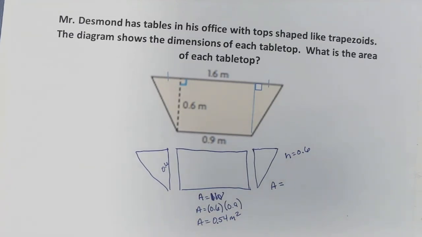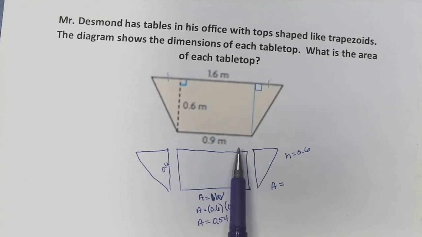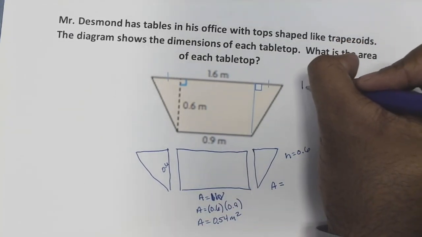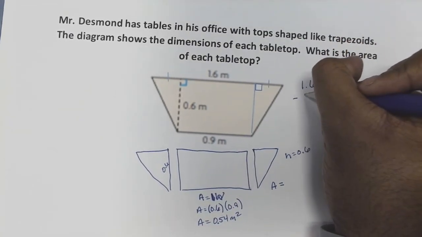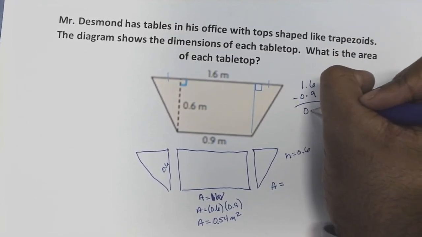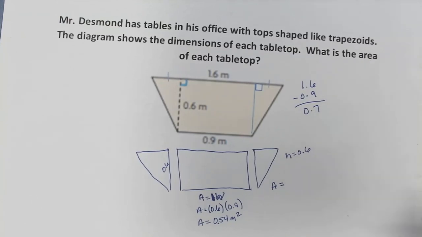Well, if the entire base is 1.6 meters, if the rectangle is 0.9 meters of that, how can we find the base of the triangle? Great thinking. Subtracting the 2. So I have 1.6 minus 0.9, and that's going to give me 0.7.